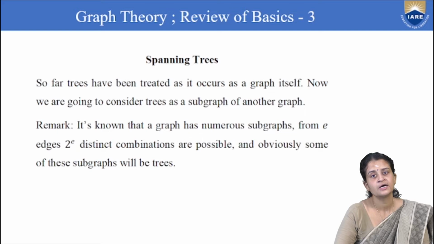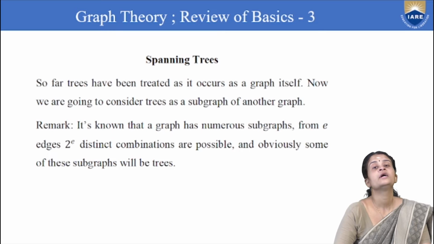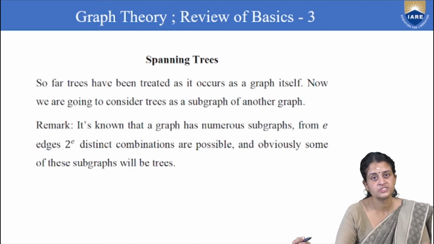H is said to be a subgraph of a given graph G if the edges and vertices of H belong to the edges and vertices of the given graph G. And if G has E edges, then we can find 2 raised to E distinct possible combinations of the edges of G. So obviously, some of these subgraphs may be trees.